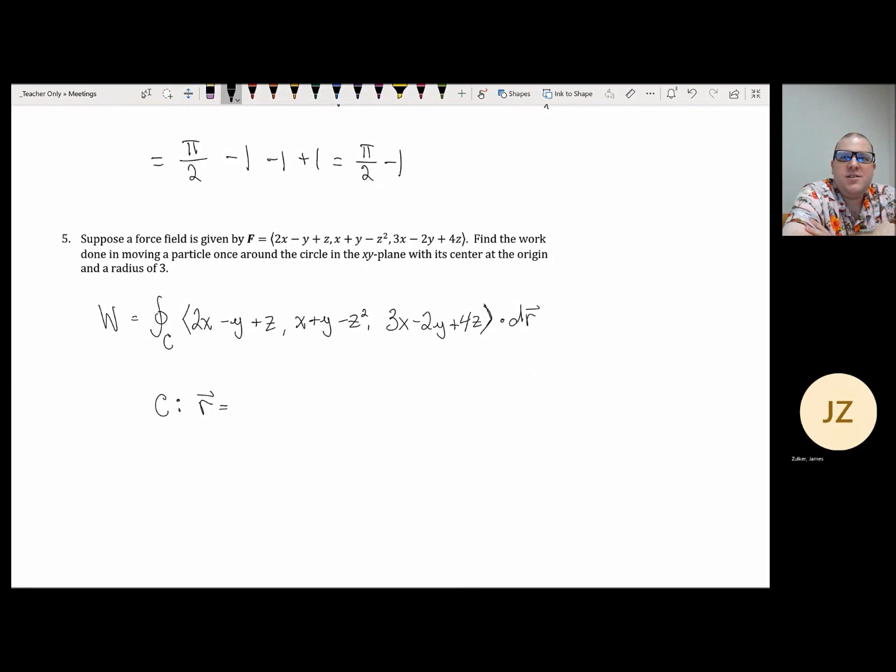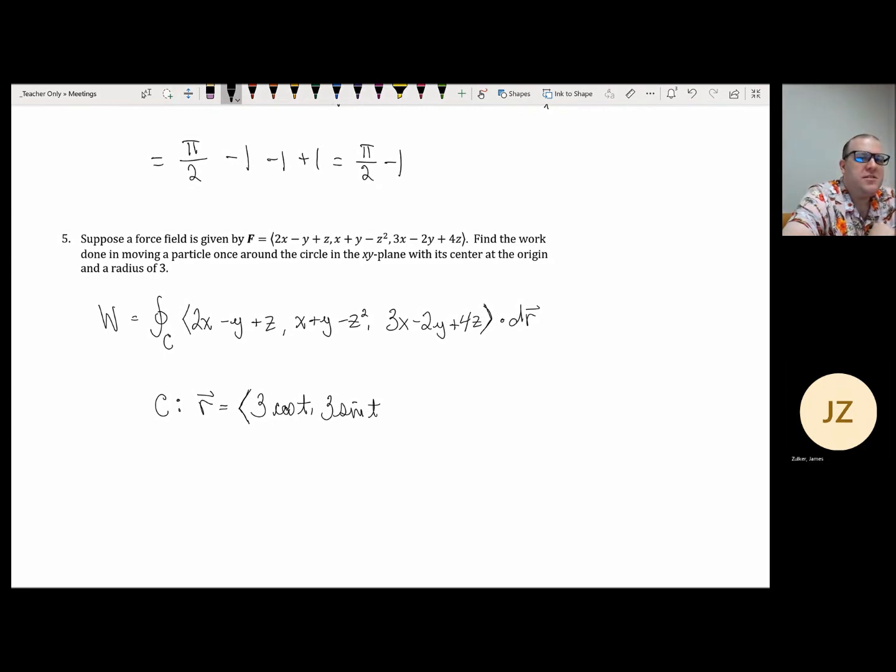So how are we going to parameterize C? Cosine T, sine T. Not quite.